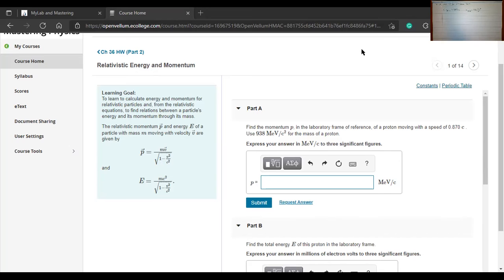So what we know here is that E is equal to gamma mc squared, but that's the total energy. The momentum is equal to gamma times mv. So what we really want to do is figure out what gamma is.